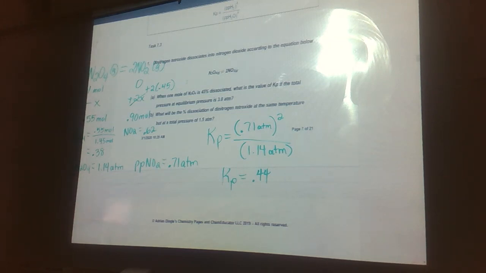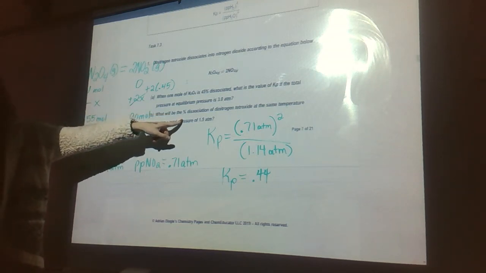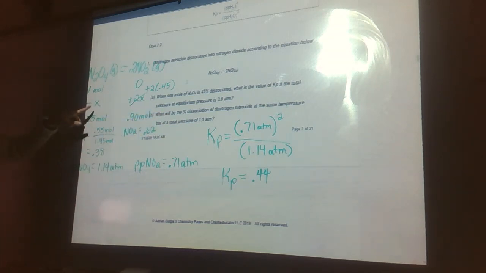Are you going to have to divide everything by 2? But see, if we're trying to find a different percent dissociation, we'd have to go all the way back here and figure out what x is. We'd have to work backwards. But is it going to be different? Why would it be different? I'm asking you. I don't know.